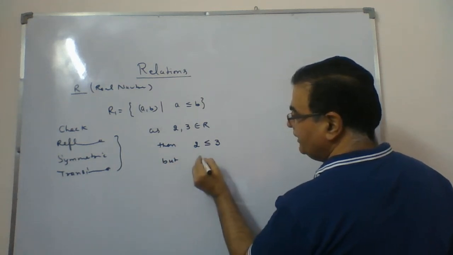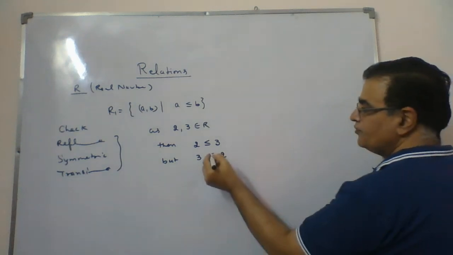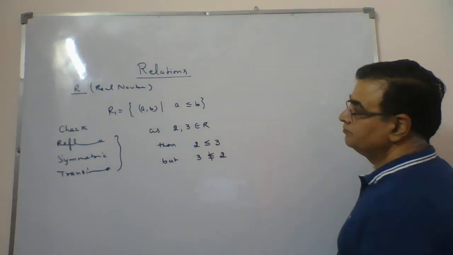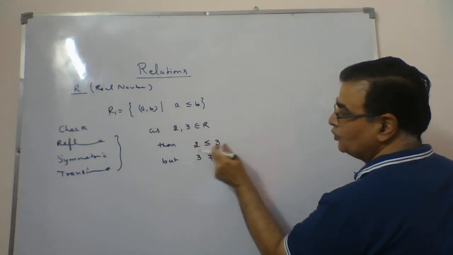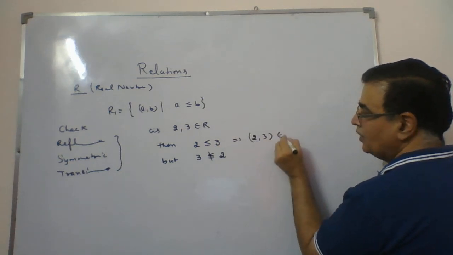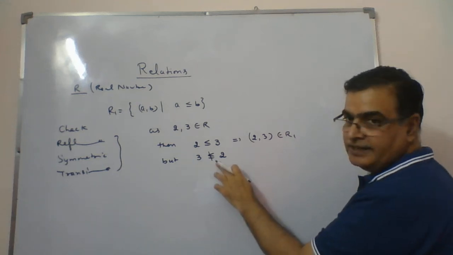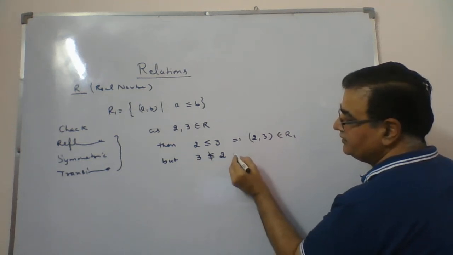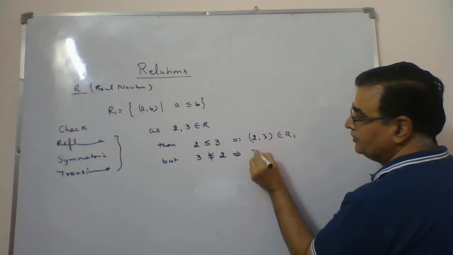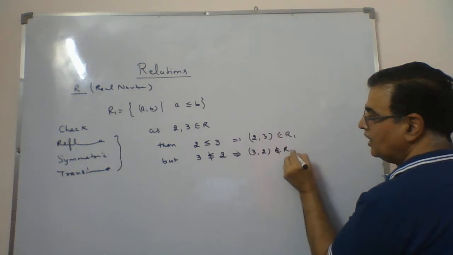But if I interchange that, 3 is less than or equal to 2, which is not valid here. So in this case, 2 is less than 3. This implies 2, 3 belongs to R1. We have this. But when 3 is less than or equal to 2, it is not a valid case. So this implies 3, 2 does not belong to R1.